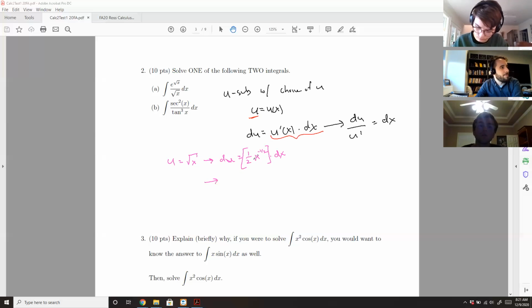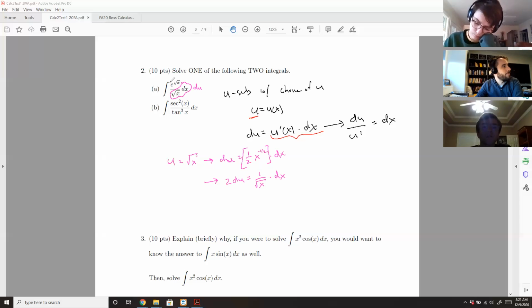After a bit of manipulation, we don't have a 1/2, but we could multiply that over. So then we get 2 times du equals x to the negative 1/2, which is just 1 over the square root of x, dx. And we notice that 1 over the square root of x times dx is exactly this expression right here. So that entire thing is becoming our du.